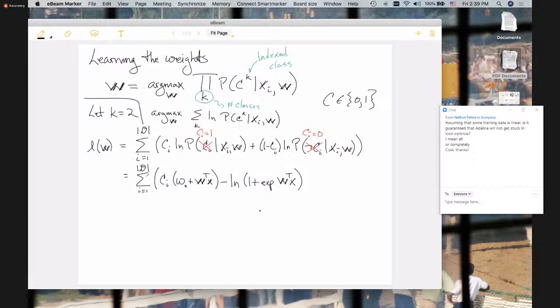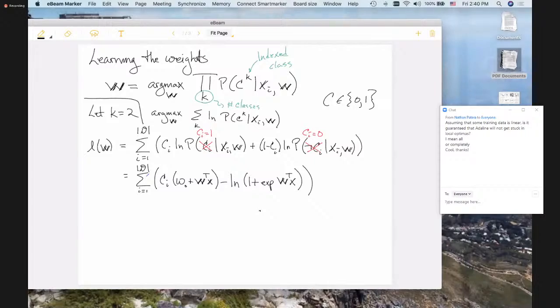Okay, so this expression is ugly. And I admit it's ugly. And in fact, solving for W using this has no closed form solution.